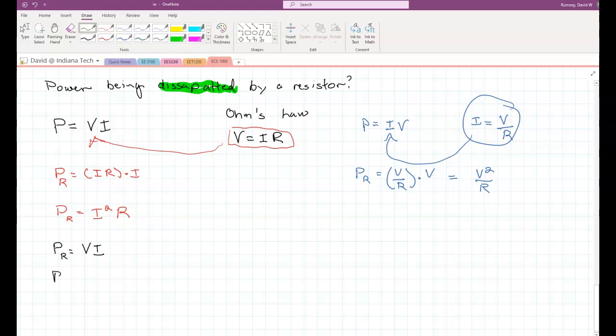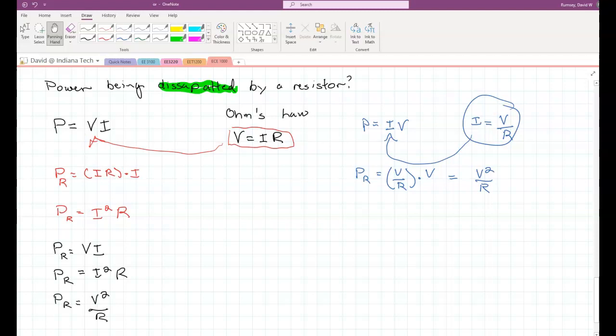But we can also use the equation that it's the current squared times resistance, or that it's the voltage squared divided by resistance. All three of those formulas will get us the same answer.